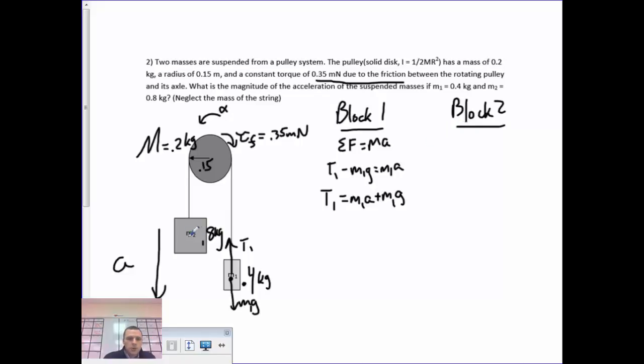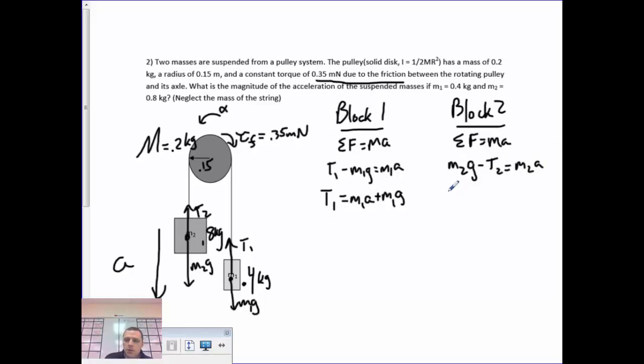Block 2 has 2 forces acting on it. We have m2g, which would be larger than m1g, and then tension 2, which would be smaller than m2g. I can still apply Newton's second law, translational form. It's going to be sum of the forces equals ma. Sum of the forces is m2g, that's gravity's pull, minus tension 2 equals m2a.